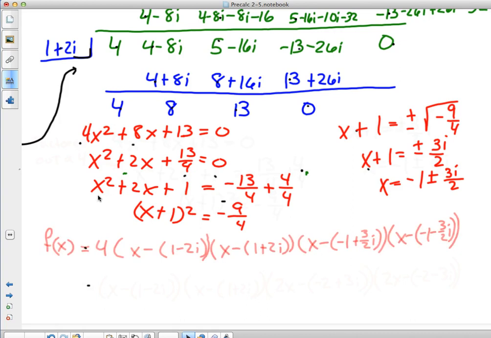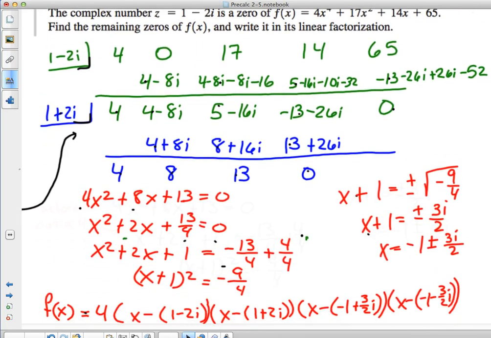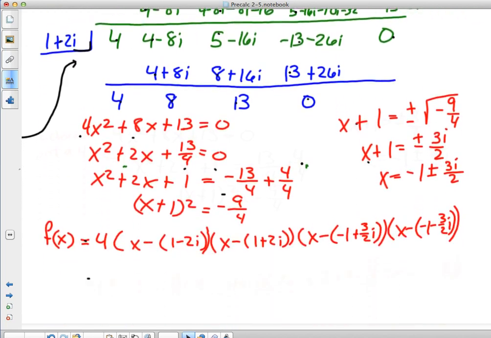So when I'm finishing up, I've got that, okay, as I'm talking about it. And when I'm looking at this, okay, we have that 4, we divided it out, and now since I divided it out, I'm putting it back in. And I'm looking at that, I got 1 minus 2i, 1 plus 2i.